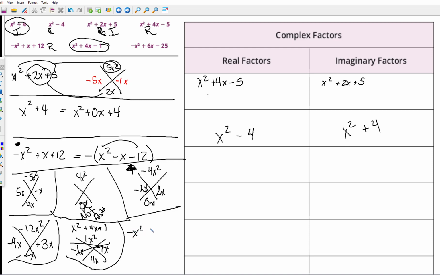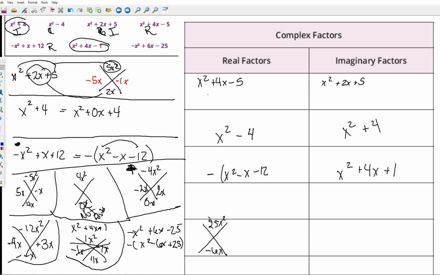So if I have the negative x squared plus 6x minus 25, what should I take out first? Is there a negative in front? So we factor out that negative, and then we're going to use our x's. So 25x squared and negative 6x.